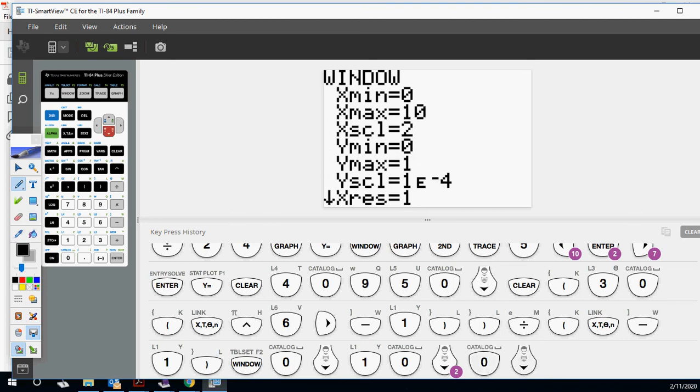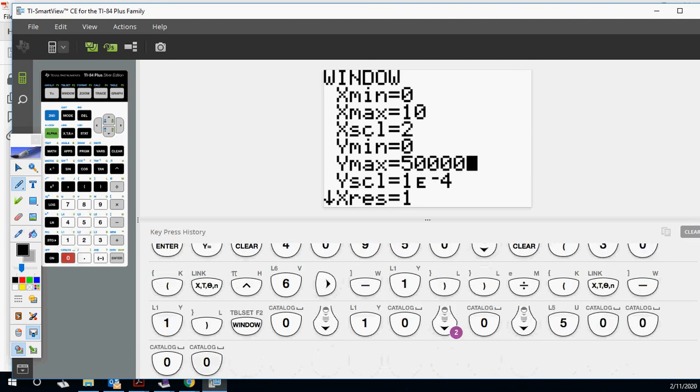And my max is going to be 50,000. Since I have 50,000, my scale, we're going to go by 5,000s. Okay, let's see what it looks like here.